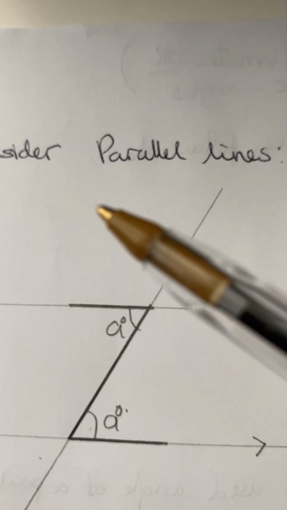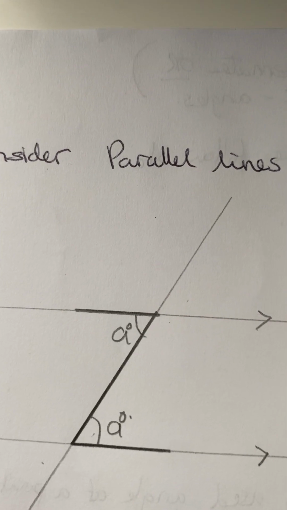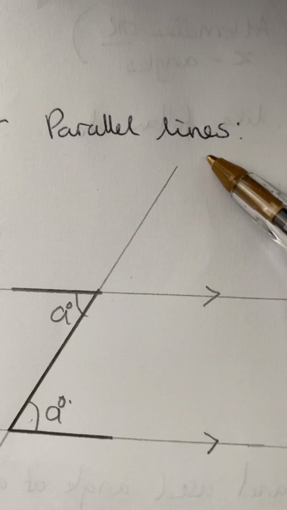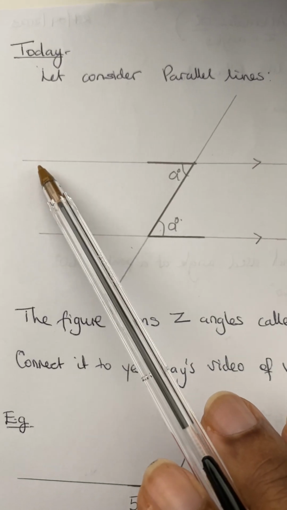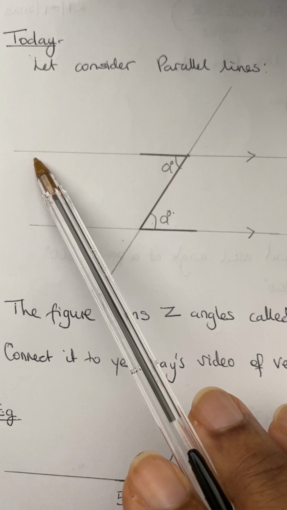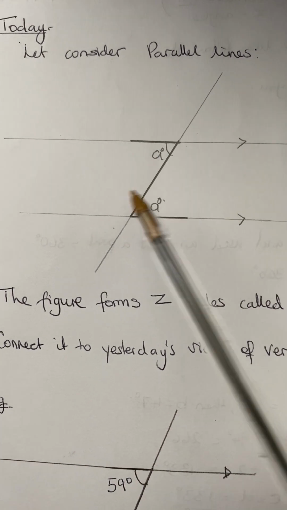Yesterday we did vertically opposite angles, but today we want to consider parallel lines. So if you can see, from my introduction to angle, the first video, that is a parallel line here.